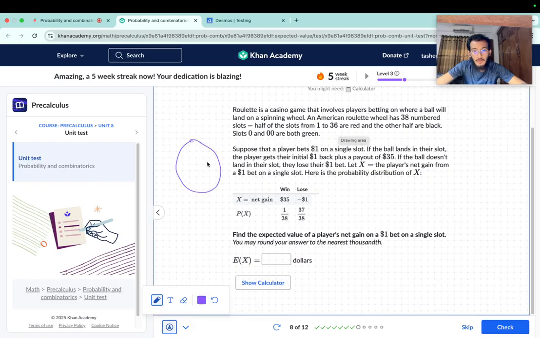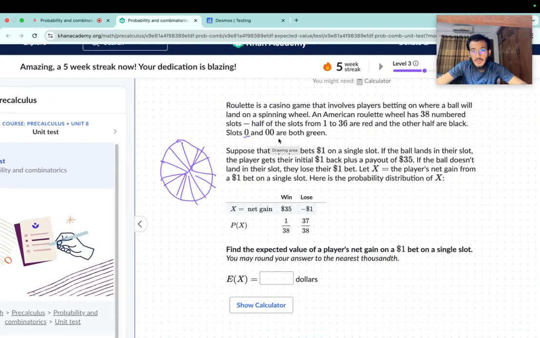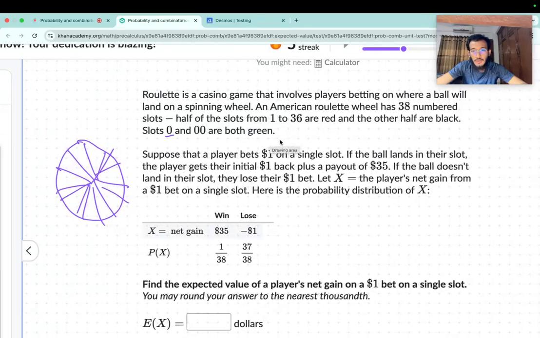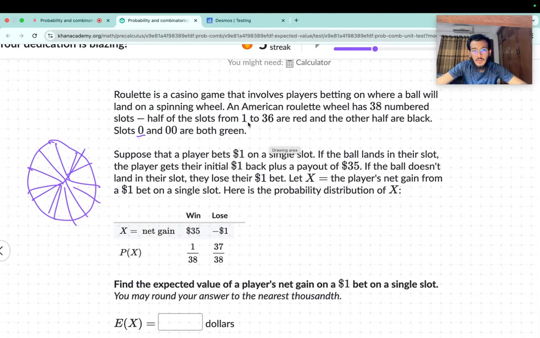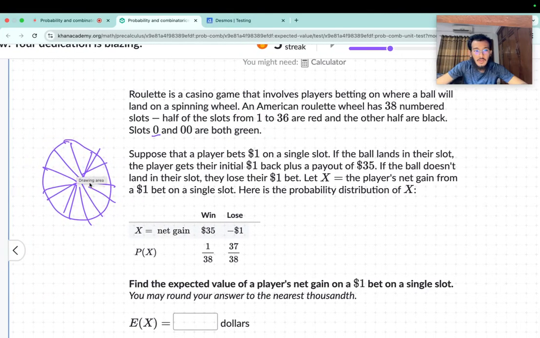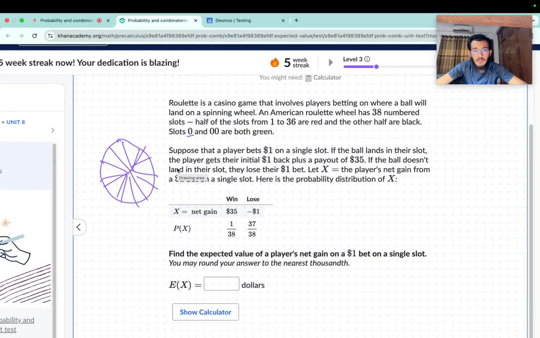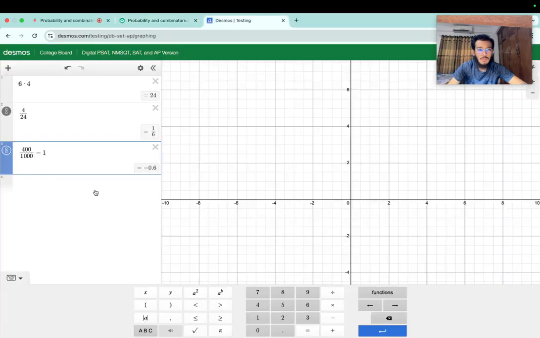We have from 1 to 36, so let's say there are 38 of these, and 0 and 00 are both green. Half of the slots from 1 to 36 are red, so we have 36 divided by 2.